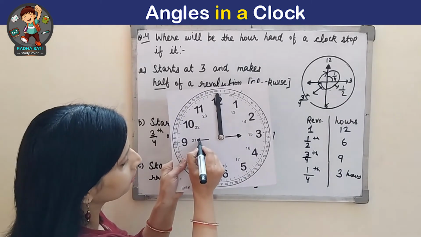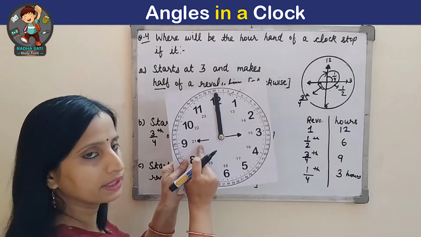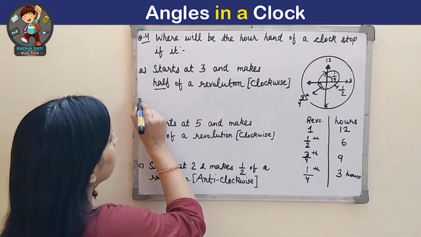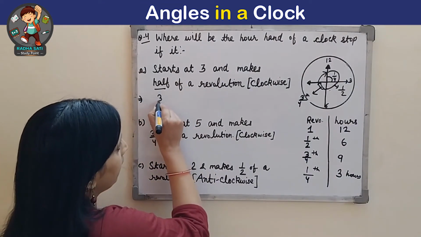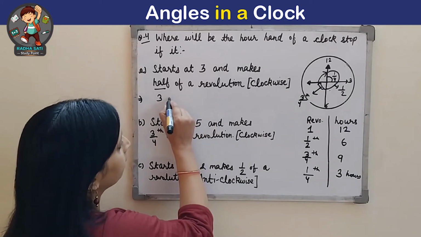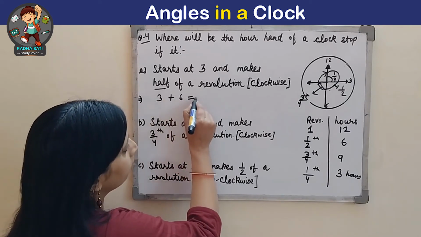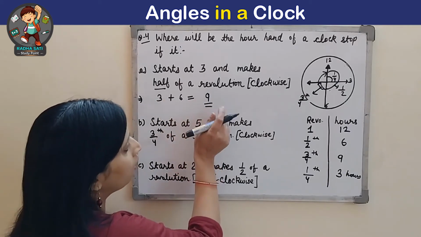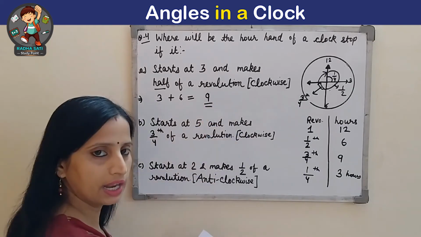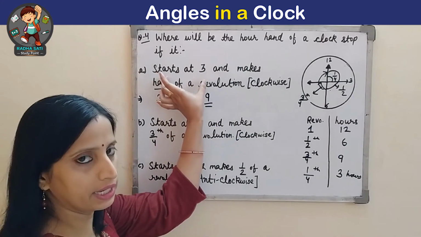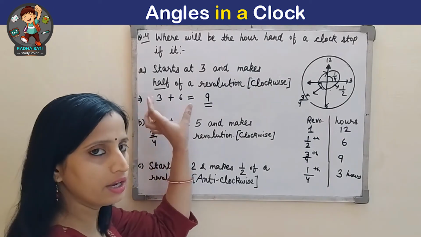This means it will stop at 9, or we can simply add 6 hours in 3. So we will get 9. This means our hour hand will stop at 9 if it starts from 3 and makes half of a revolution.